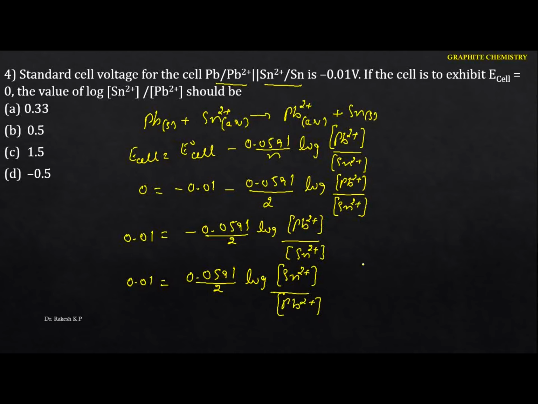Log of the concentration of Sn2+ to the concentration of the lead ion equals 0.01 into 2 divided by 0.0591, and that value becomes 0.33. Hence in this case the option is A. So, next one.